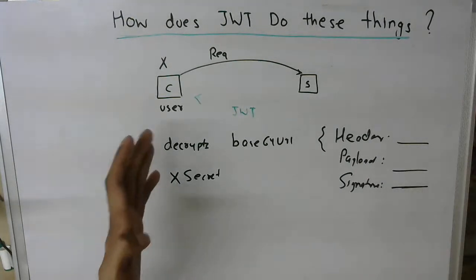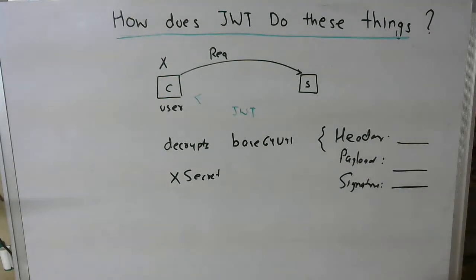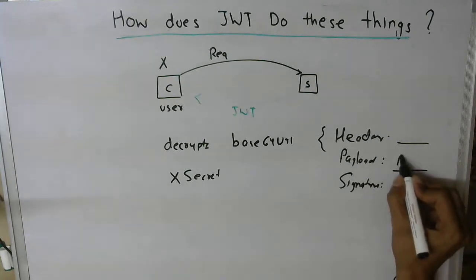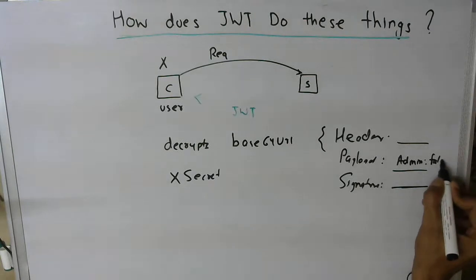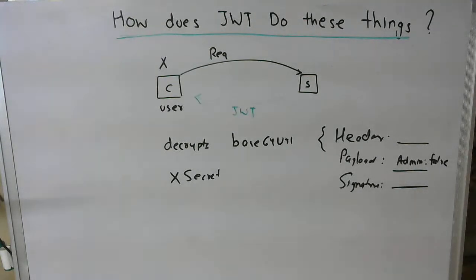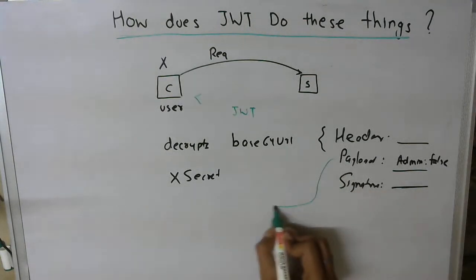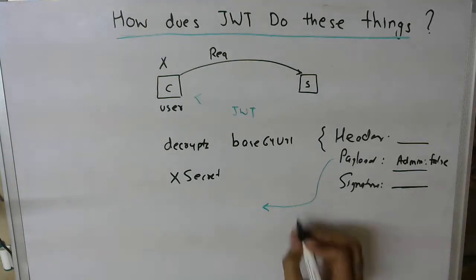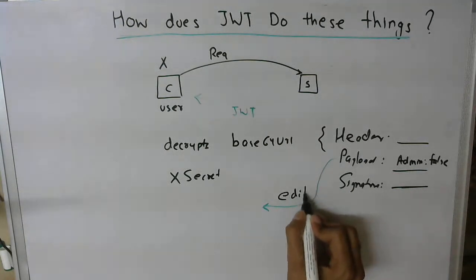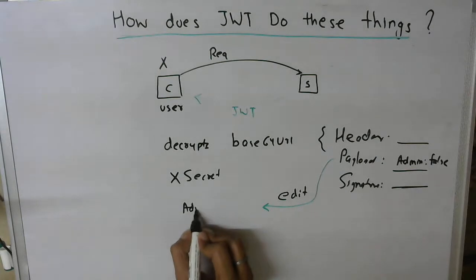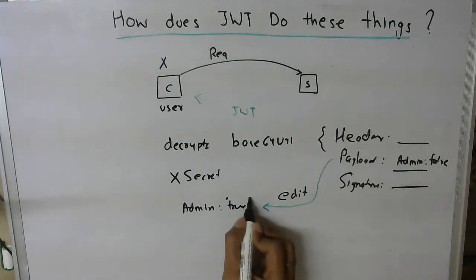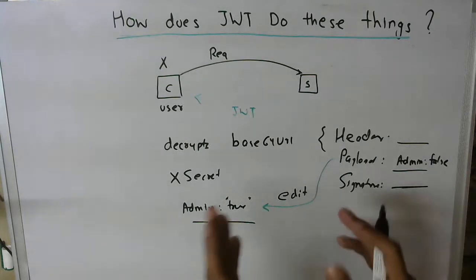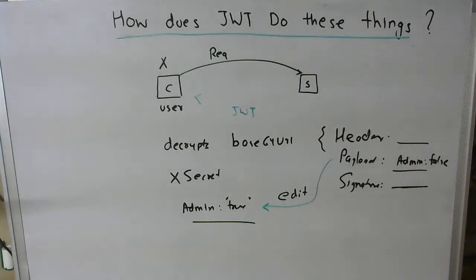So in the payload part, let us say admin was set to false. So what this user will do is edit the payload and make admin true so that it can access the data that admin accesses.